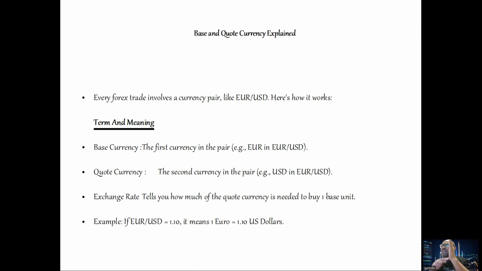The exchange rate tells you how much of the quote currency is needed to buy one base currency. If 1 USD is 1,500 or 1,800 naira, as the case may be, you need that 1,800 naira to be able to have $1.